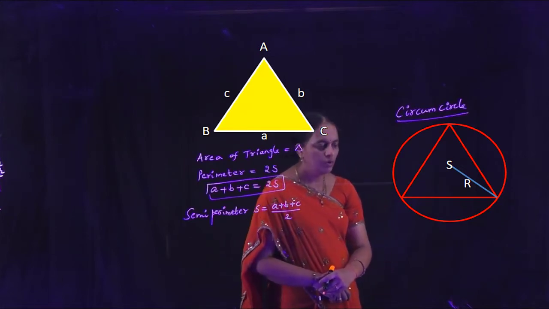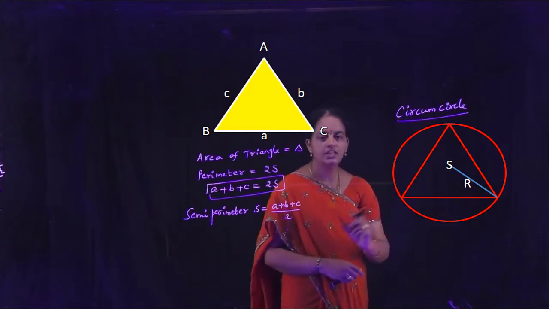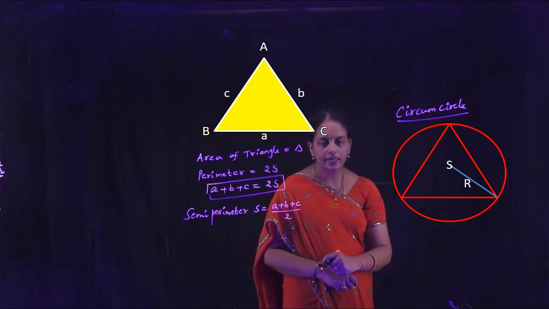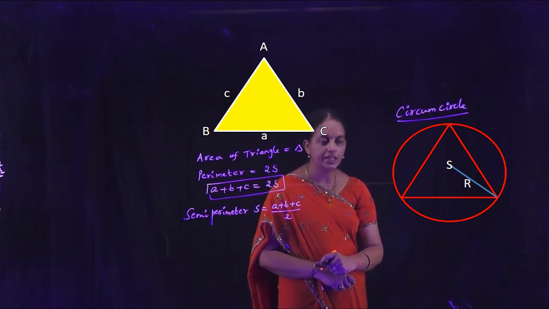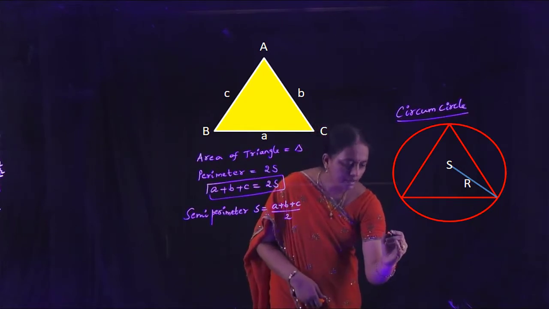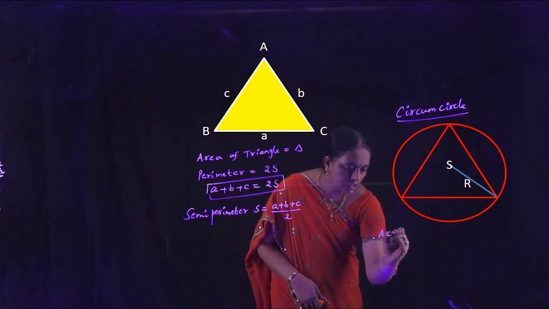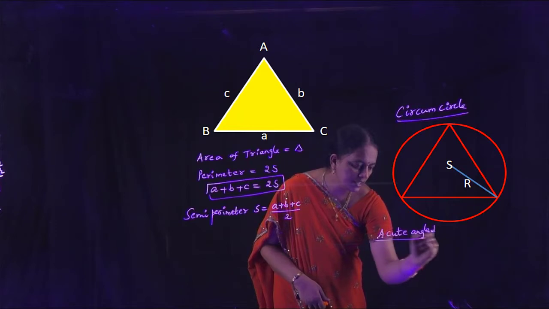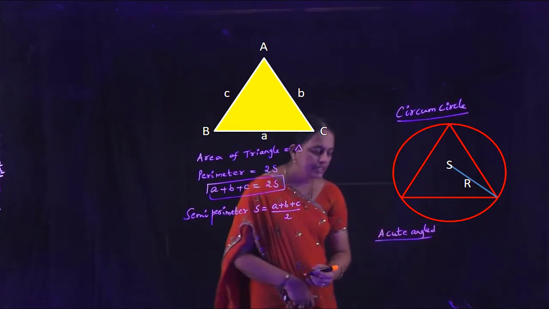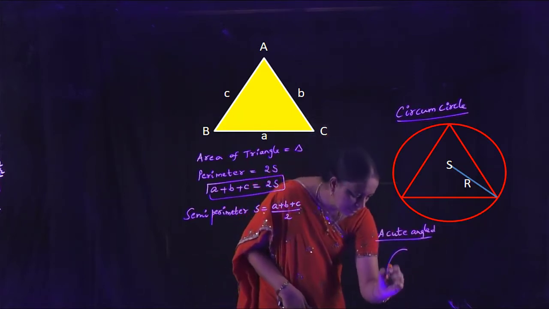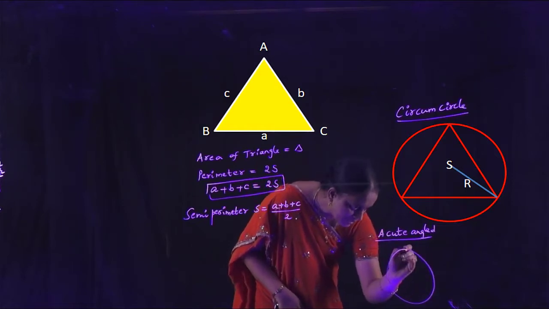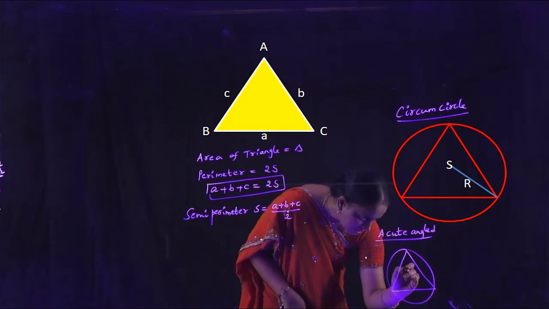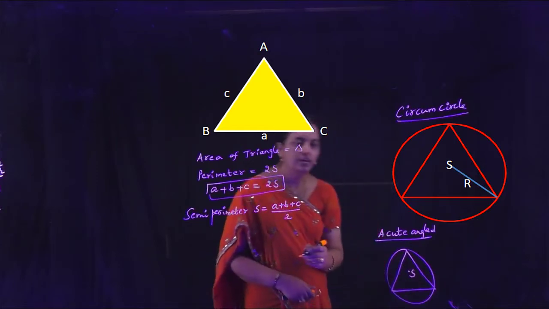Now let us discuss the positions of the circumcenter in case of acute angle, right angle and also obtuse angle triangles. If the triangle is an acute angled triangle, then the circumcenter lies inside the triangle.